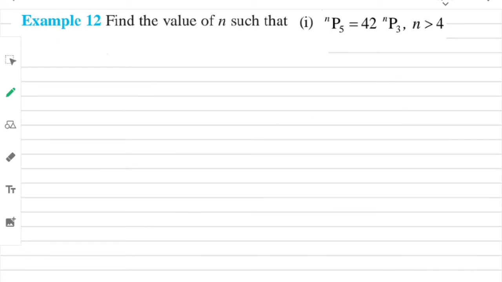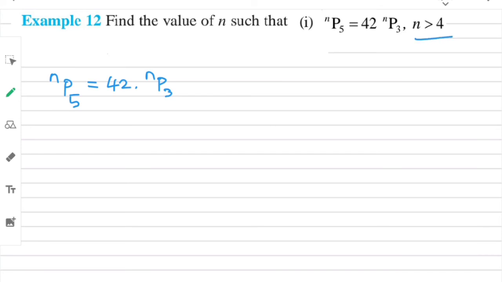Now example 12. Find the value of n such that nP5 is equal to 42 into nP3. Here they ask you to prove that nP5 is equal to 42 into nP3, and n should be greater than 4.